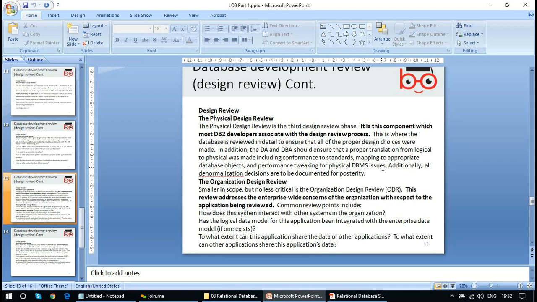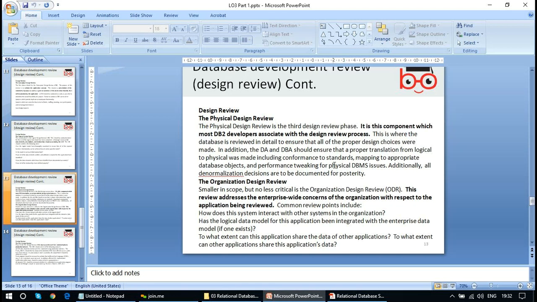So at the design level, still some of the DB2 developers say that it is the design review. You haven't actually created the database, but still they think that it is the design review.